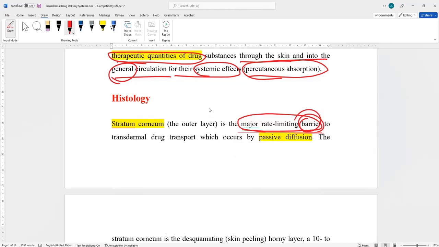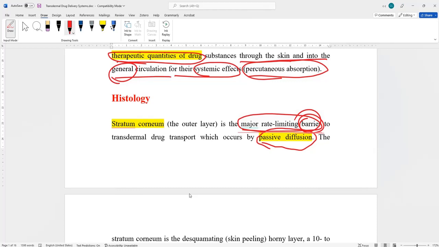Now how does the drug move from the transdermal drug delivery system into the systemic circulation? The process of absorption happens by passive diffusion. Passive diffusion means the drug will be transported, because what is passive diffusion?